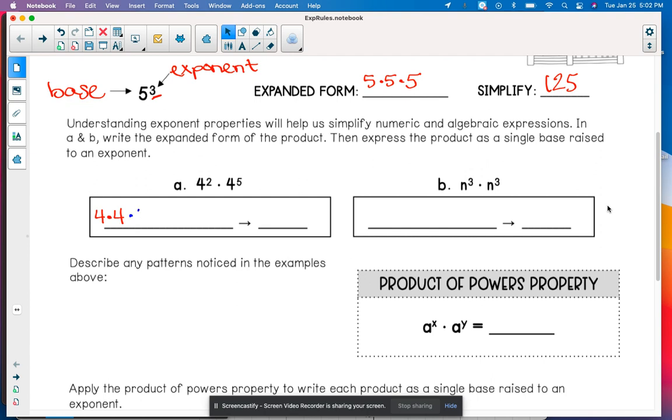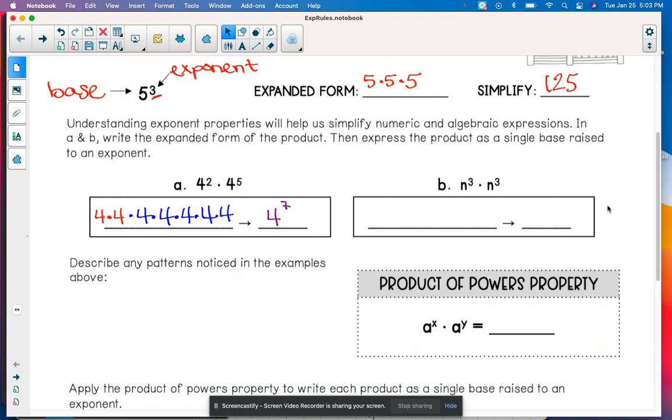So when it wants us to express this as one single problem, what I'm going to do is count all of the 4s that were given. So I have 1, 2, 3, 4, 5, 6, 7. So ultimately we have 4 to the 7th power. Likewise, in part B, we have n cubed.